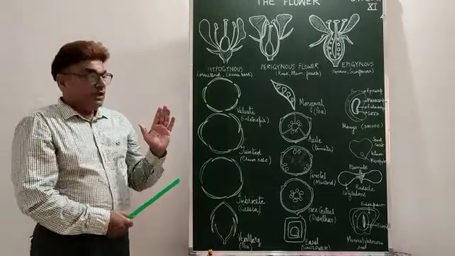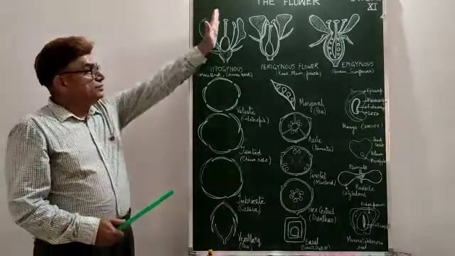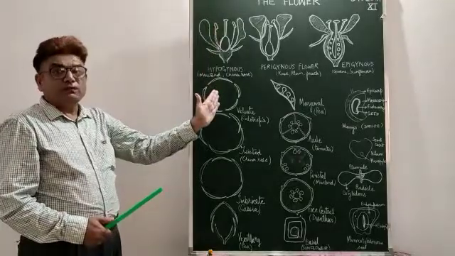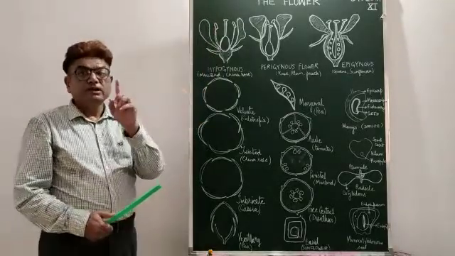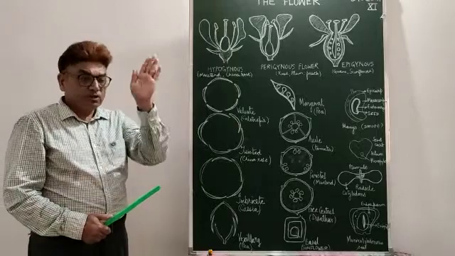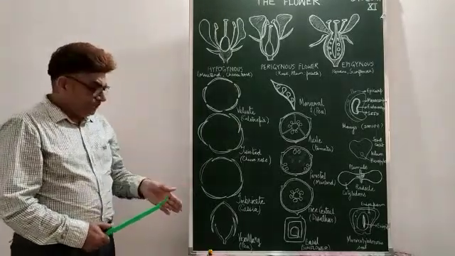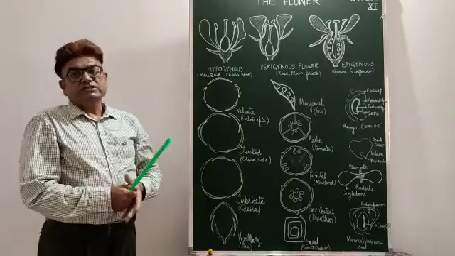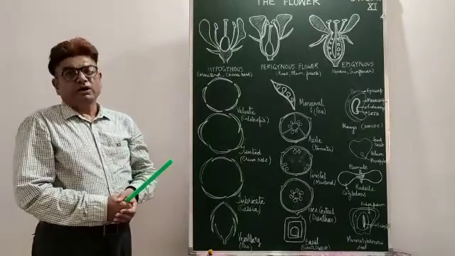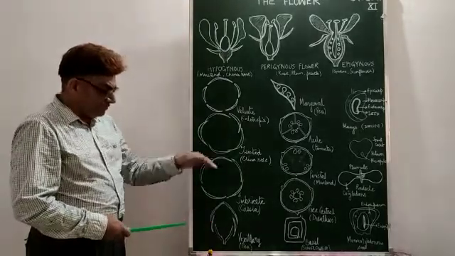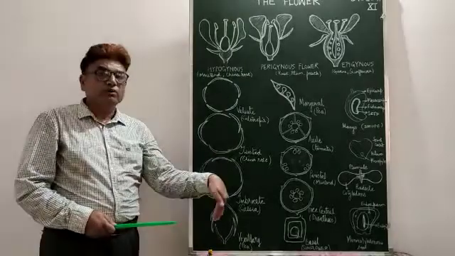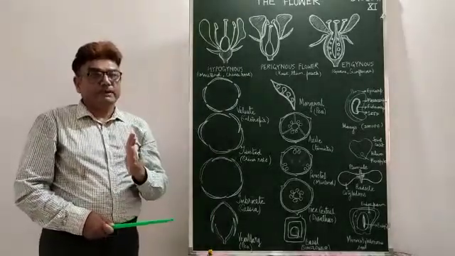One more thing, if we can divide the flower into two equal halves but only in one vertical plane, that type of division is known as zygomorphic, as in the case of the pea plant. It can be divided into only two equal halves by means of only one vertical plane.